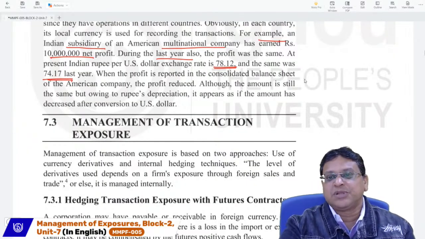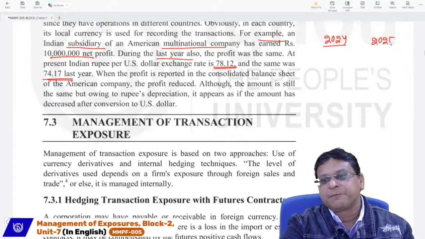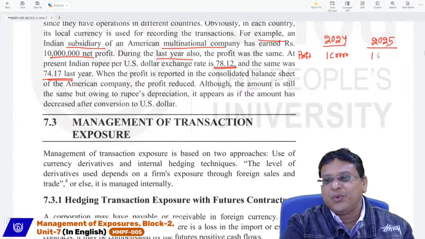Let's take an example, 2024, 2025. Profit was 1 crore.